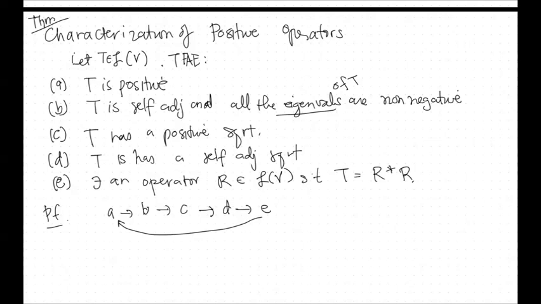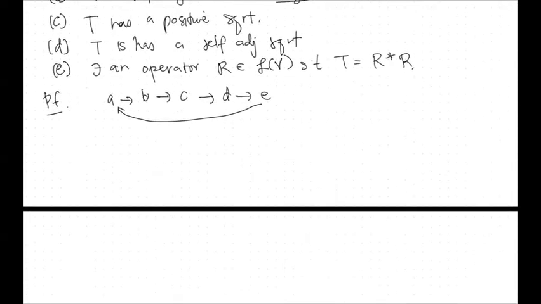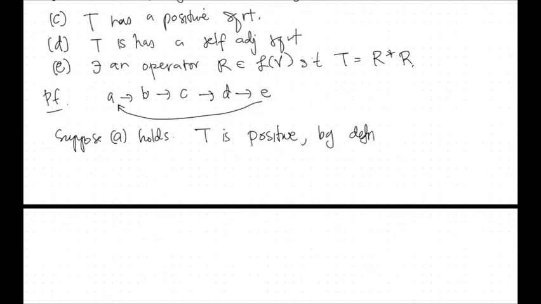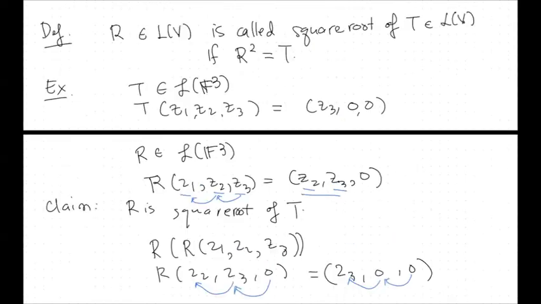The proof here is somewhat sketchy. Suppose A holds, then what can you say? That is, T is positive. By definition, T is self-adjoint, from the definition of a positive operator here.